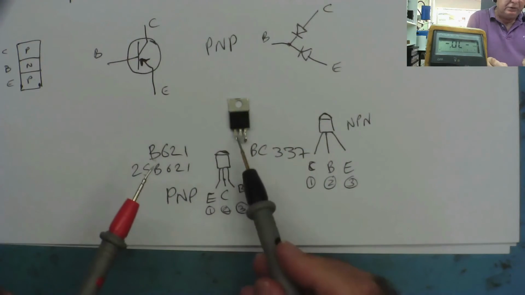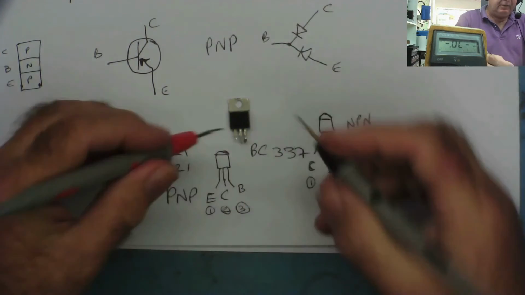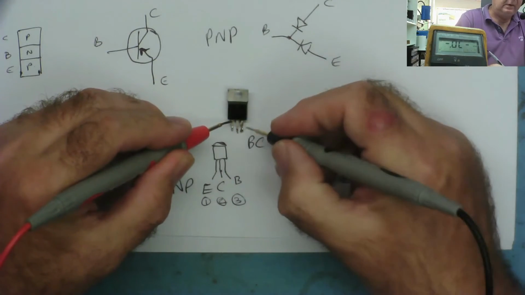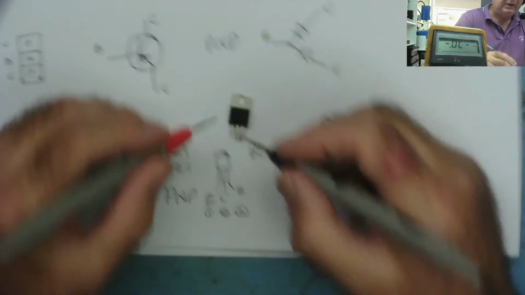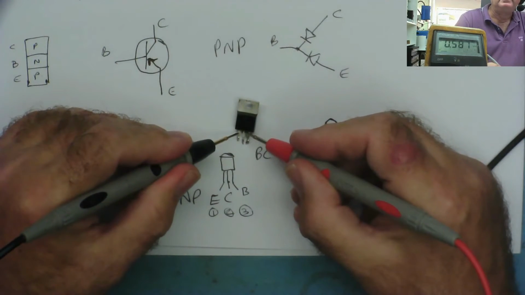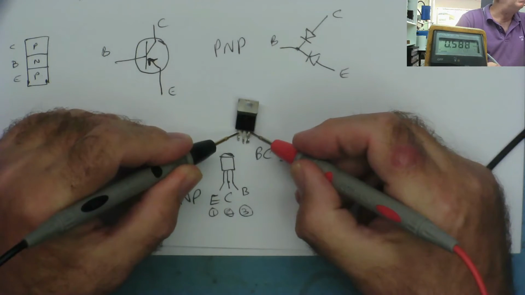Power transistors, usually this end is the base. Usually, yeah. Let's have a look. Nothing there. Nothing there. But I expect this probably is the base. Let's reverse the polarity. Got it. Voltage drop. So this is the base.